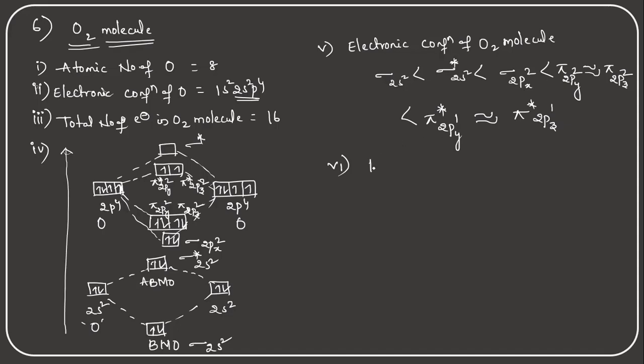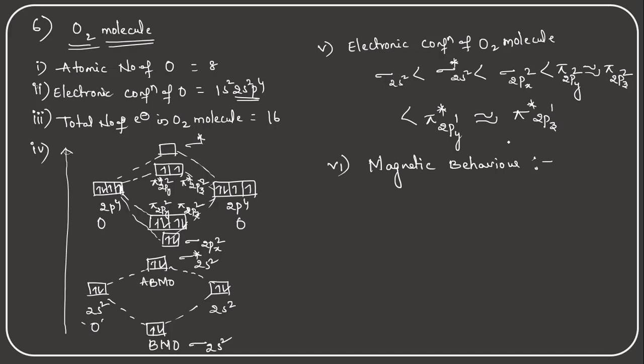And then the magnetic behavior of the oxygen molecule. So how does it behave magnetically, let us see now. In the electronic configuration of the molecular orbitals, are there any unpaired electrons?